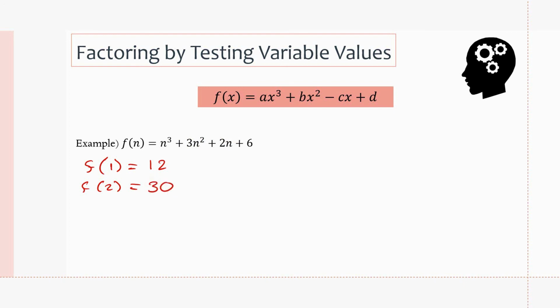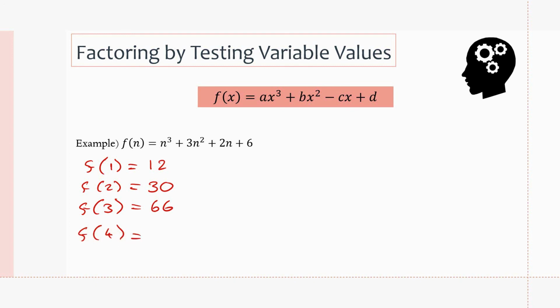Next, I'm going to see f of 3, then 3 cubed is going to be 27, plus 3 squared times 3, 27 plus 27 is going to give you 54, plus 6 is going to give you 60, plus 6 is going to give you 66. And let's do a couple more, but I'm going to pull out a calculator here.